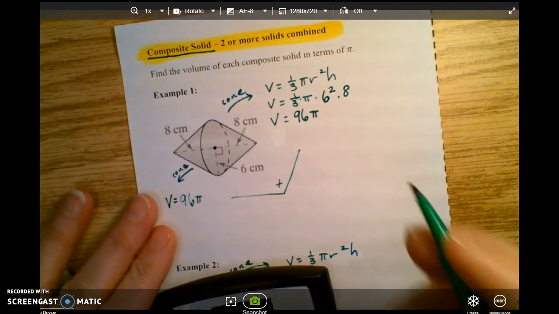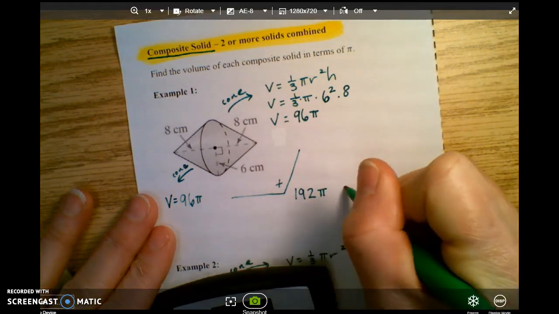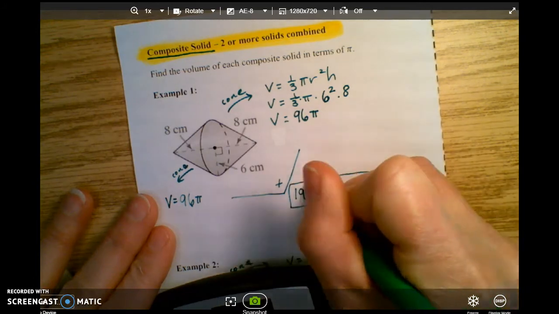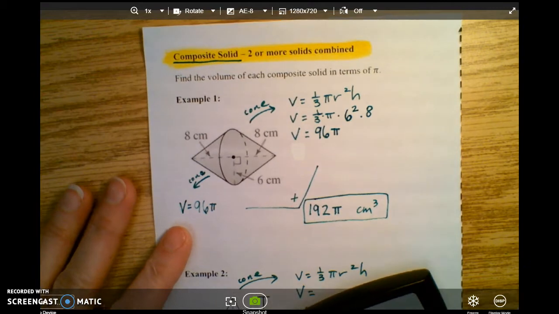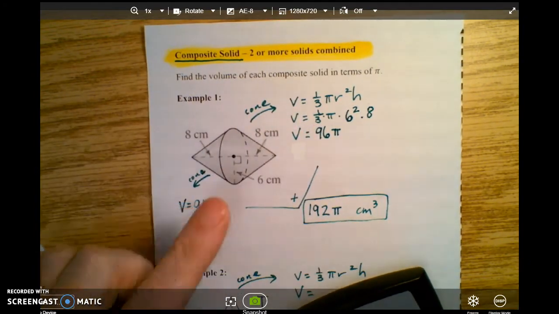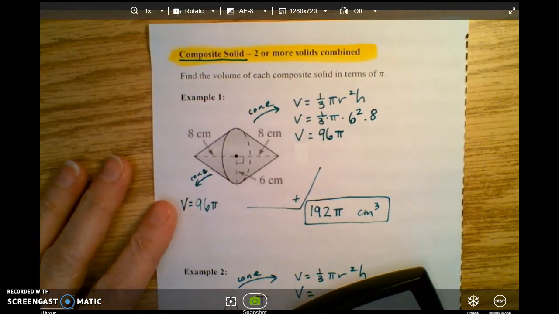So 96 pi and 96 pi makes 192 pi, and the units would be centimeters cubed still because we are dealing with volume, which is 3-dimensional. So for a composite volume question, remember, you're still relying on your formulas for the shapes, but you're really picking apart what two shapes have been glued together.